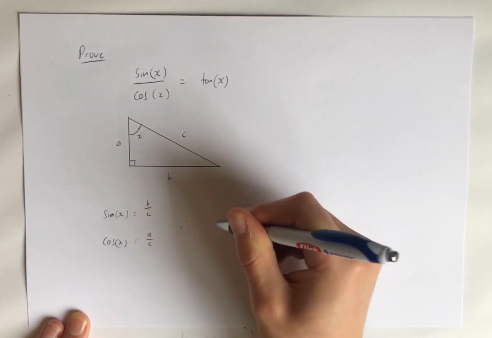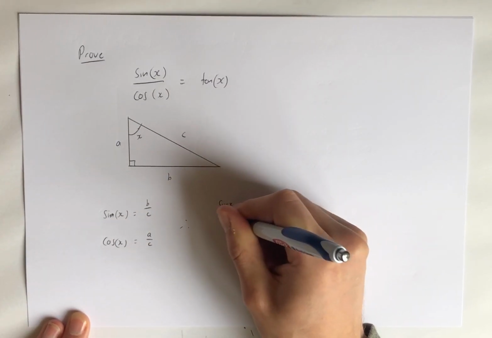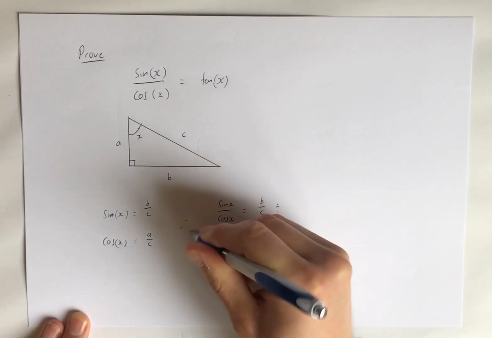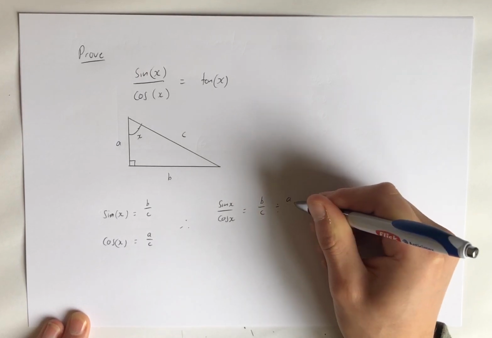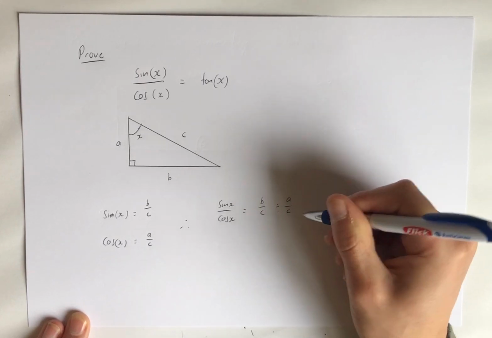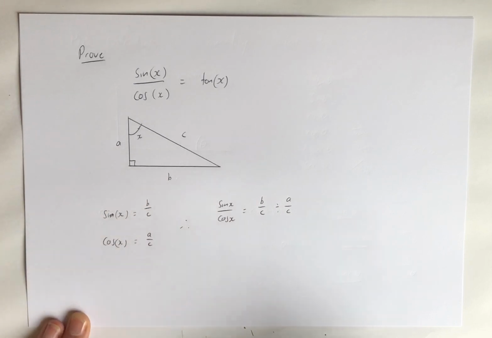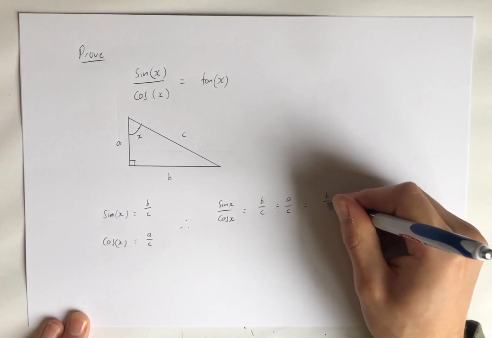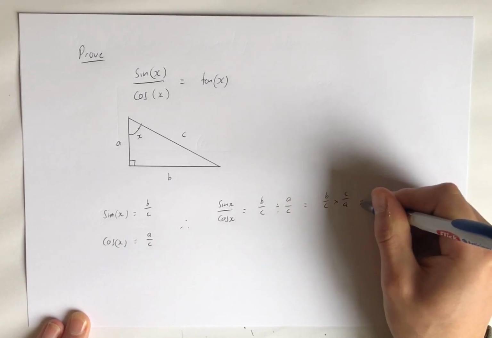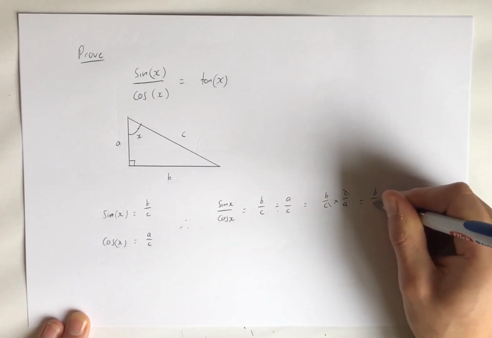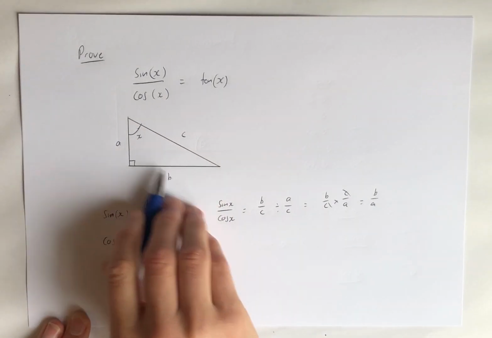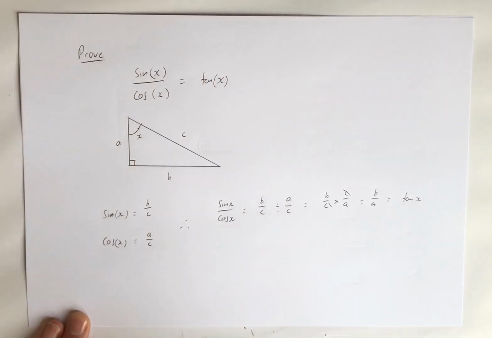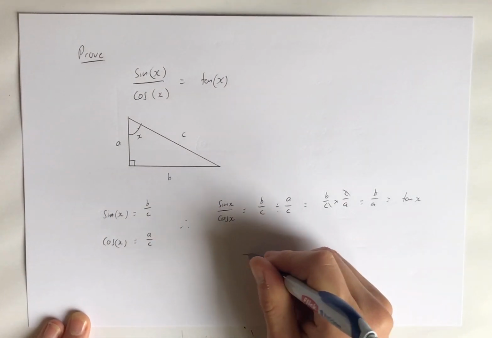So therefore, sine x over cosine x is B over C divided by A over C. And you know, you keep, change and flip if you're doing division by fractions. So you have B over C times C over A. The C's cancel, you have B over A. Well, opposite over adjacent must be the tangent of that angle. So there we have it.